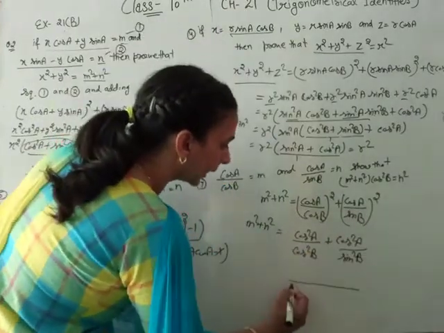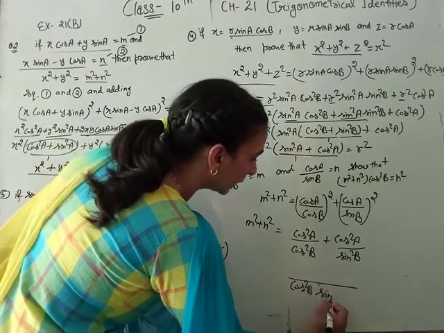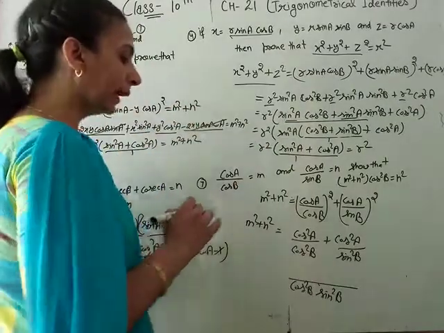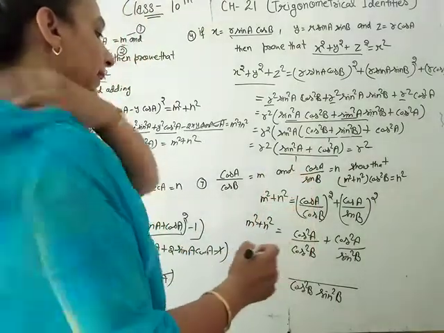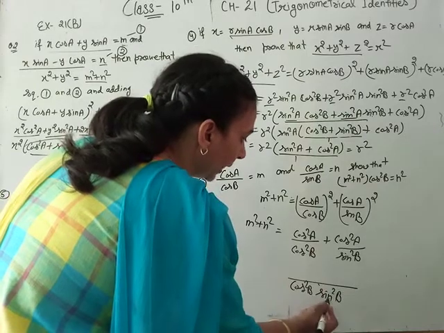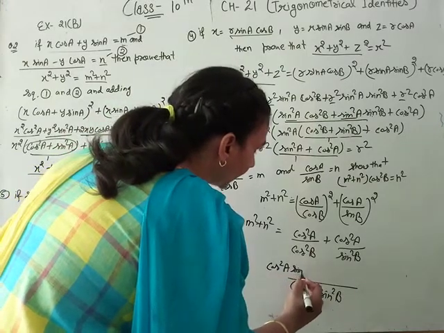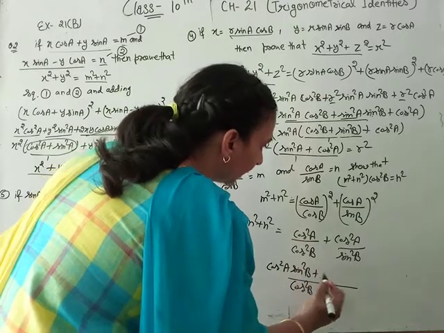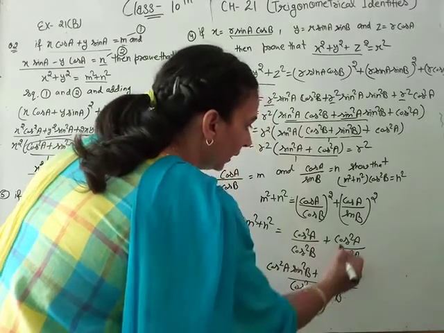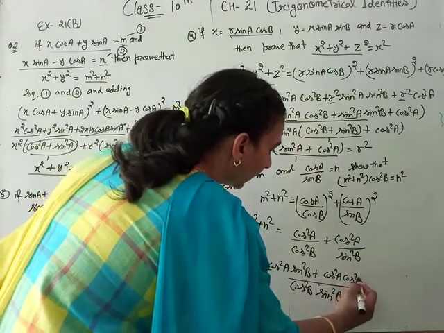Then take the LCM, cos square b sin square b. Cos square b cancels with this sin square b, giving cos square a sin square b, plus sin square b cancels with cos square b, giving cos square a cos square b.